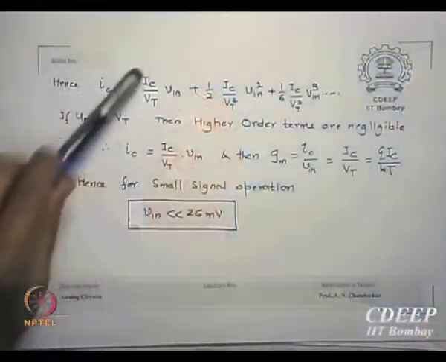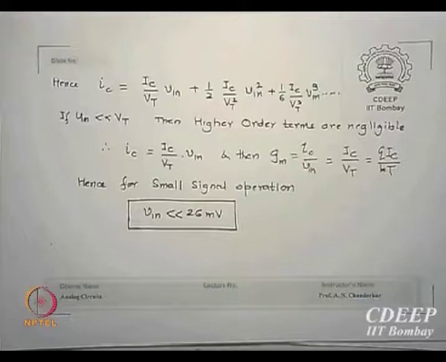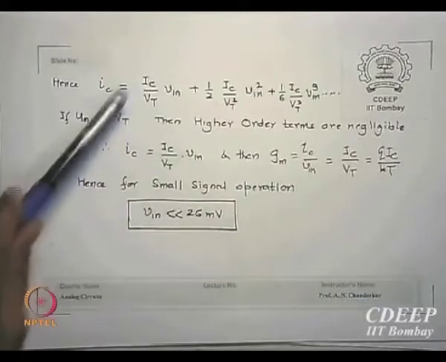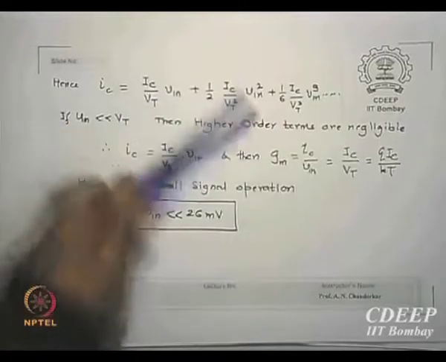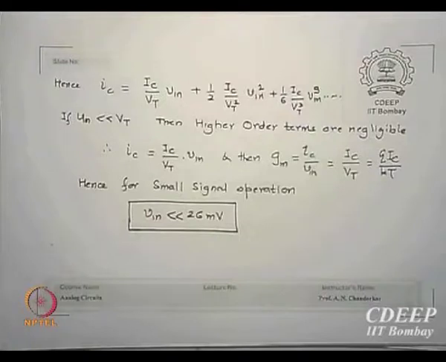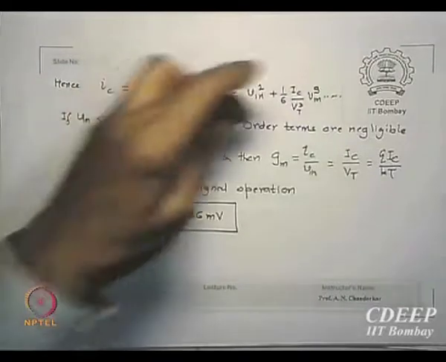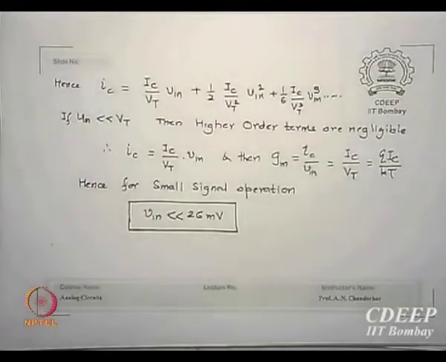So what is the condition that only this term comes to our requirement, which is called the fundamental term? Vin should be very, very small compared to Vt. If Vin by Vt is much smaller than 1, then we can say the second order, third order, nth order terms are negligible. Is that clear?